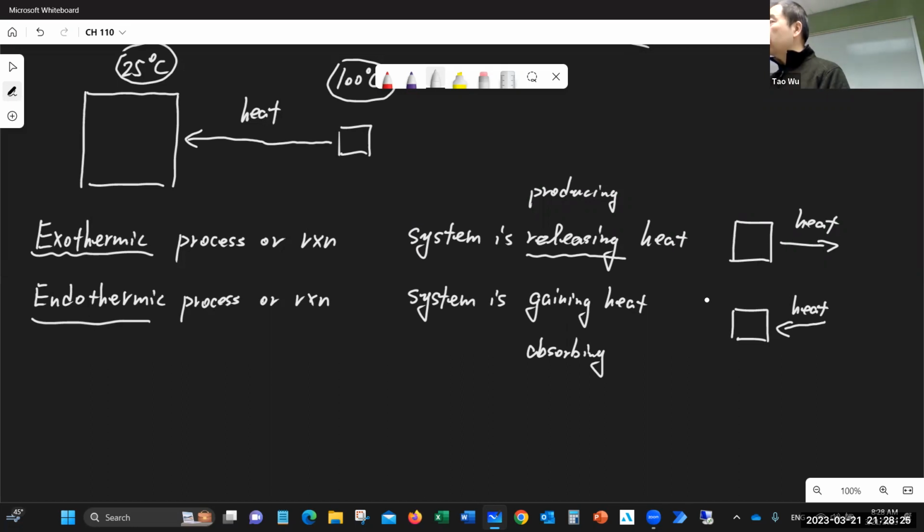So my question is, one is gaining, one is losing. How does the temperature change? Because we talk about the heat being used to change the temperature. So what do you think, exothermic and endothermic, to the object itself, which one is raising the temperature? Which one is decreasing the temperature?